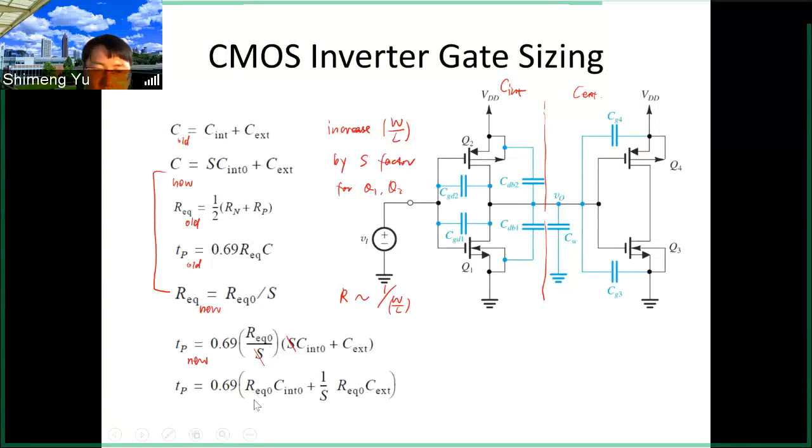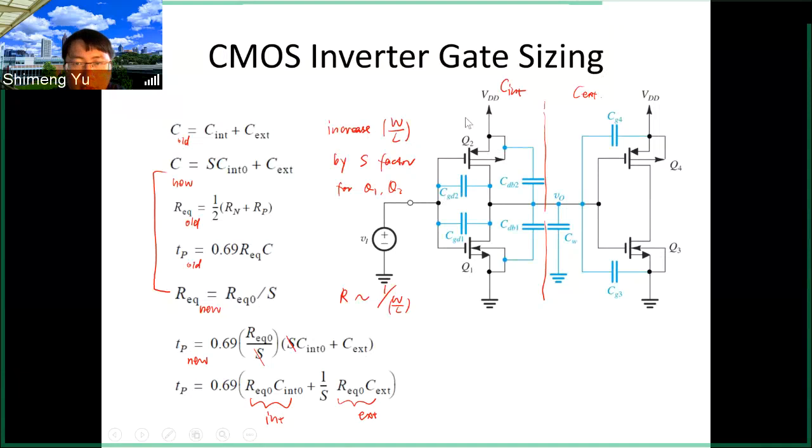So you have the RC intrinsic part unchanged. This part of the delay is intrinsic. And then the extrinsic part of the delay is reduced by S. So this is an important conclusion we want to draw.